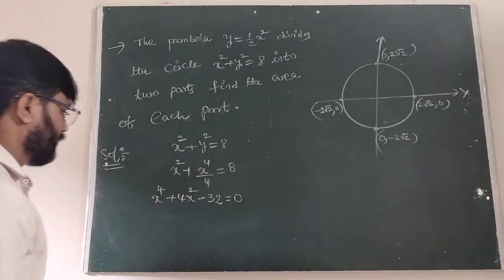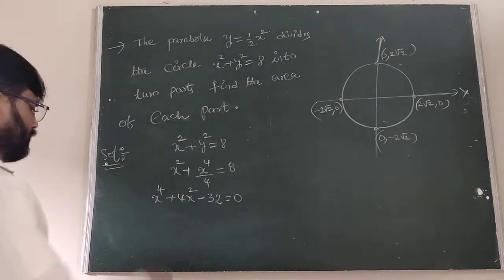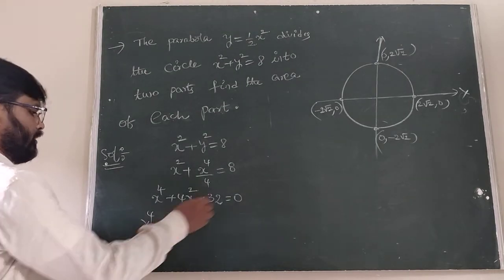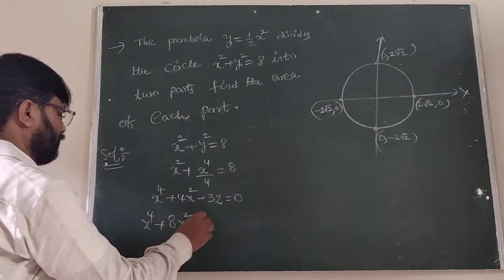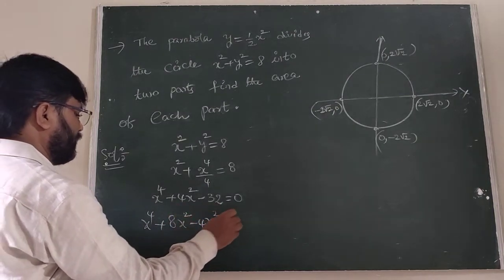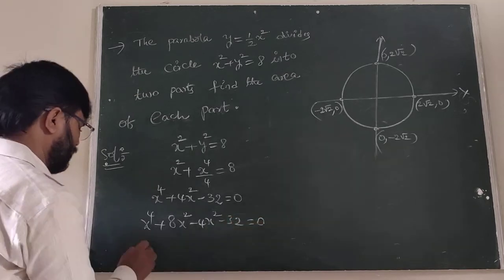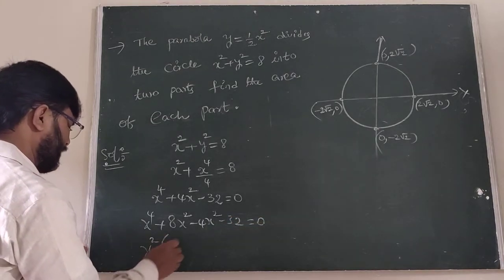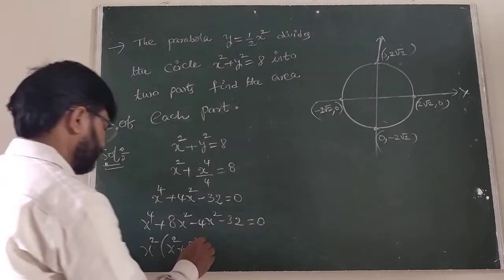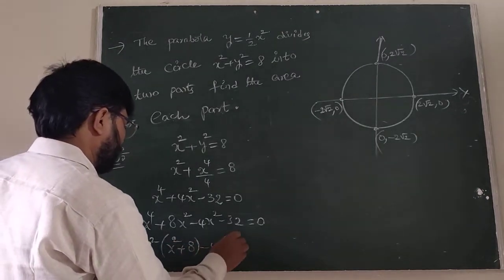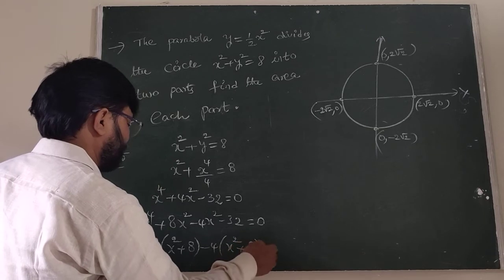Now expand into factors. That is x power 4 plus 8x square minus 4x square minus 32 equal to 0. Then it is x square into x square plus 8 minus 4 into x square plus 8.